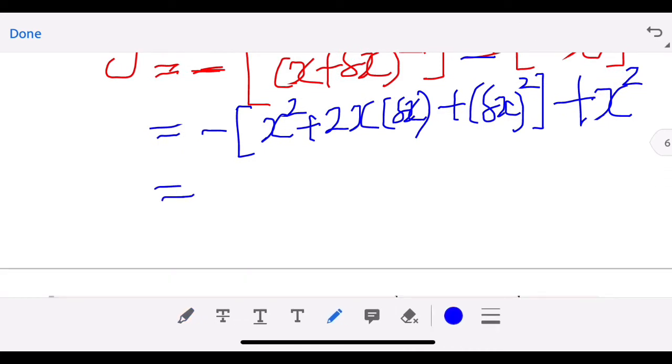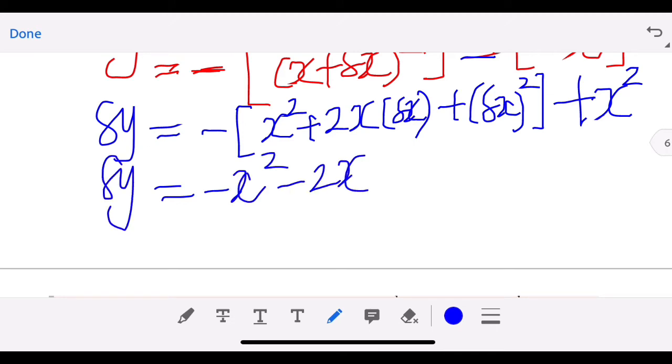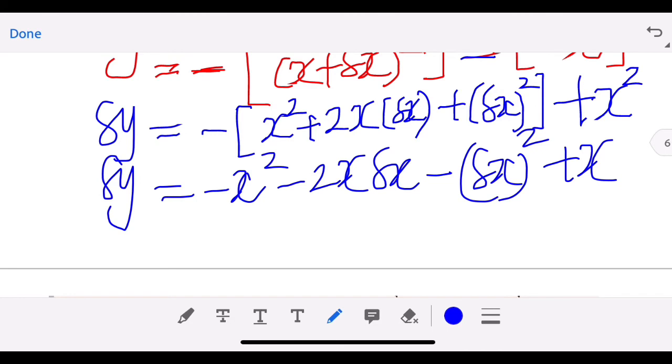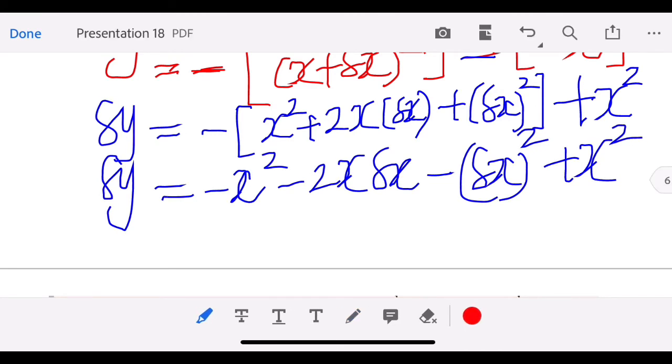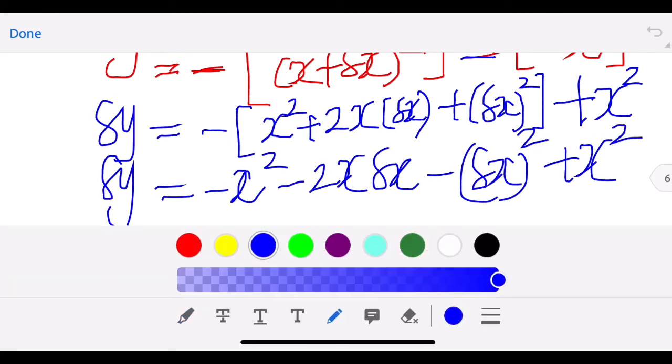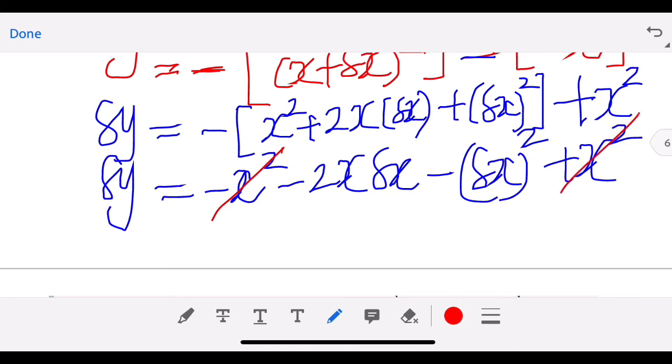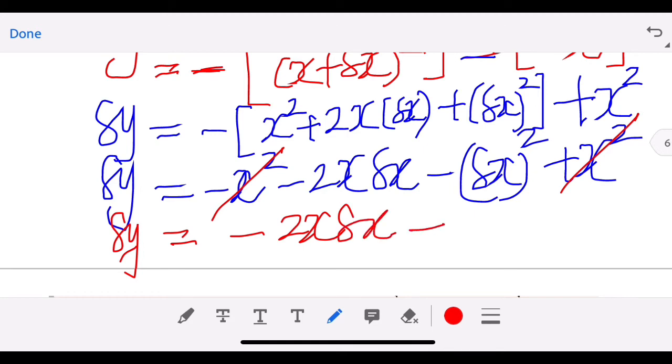After you simplify, we have delta y equals negative x squared minus 2x delta x minus delta x squared plus x squared. Now we have to simplify. Normally this term can be cancelled out, so delta y is left with negative 2x delta x minus delta x squared.